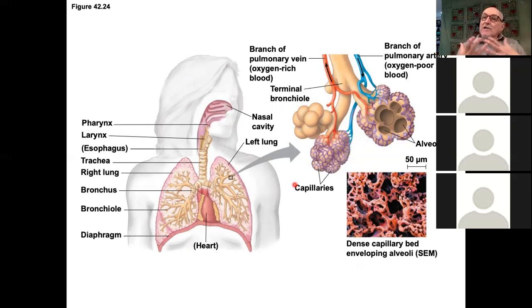What the lung actually is, is an infolding. It's an elaborate tube system with many, many, many divisions. And the reason we have to have this internal lung is that all of our gas exchange has to take place across a moist surface.